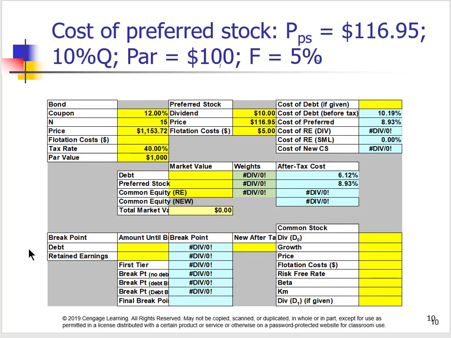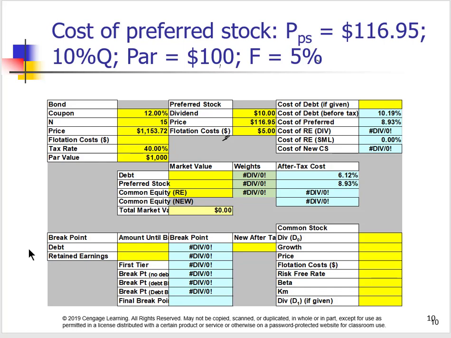Again, you'll be told 5% of what, right? So it's either 5% of 100, which it is in this case. You could also be told it's 5% of the market price. You could also be told that it's $5. Whatever it is, you want to input it here, and you want to put it in here as dollars.